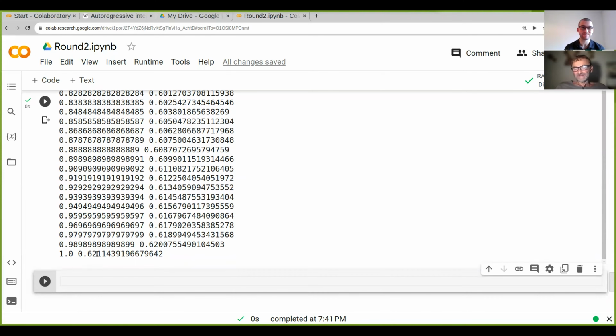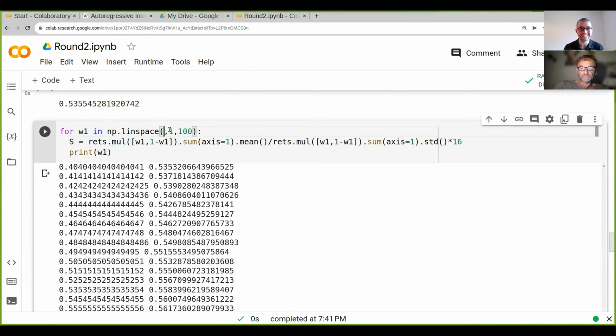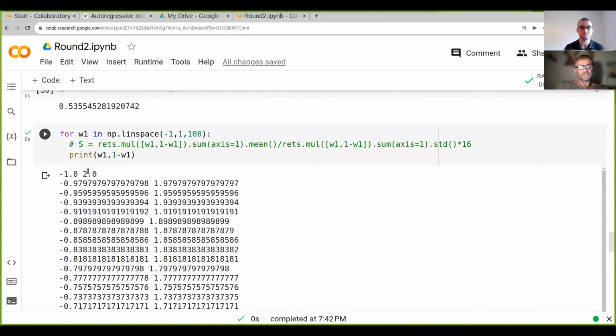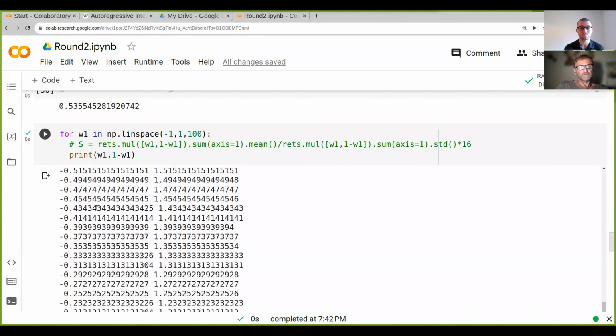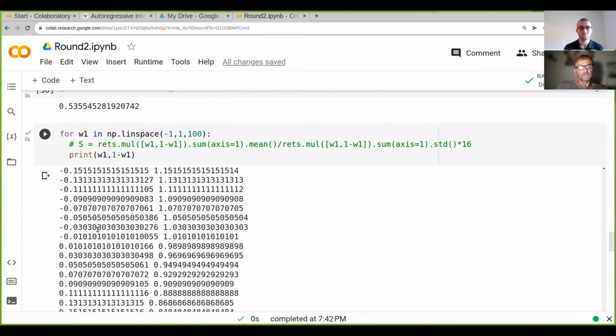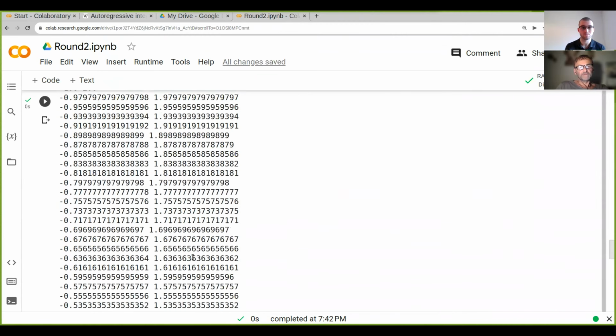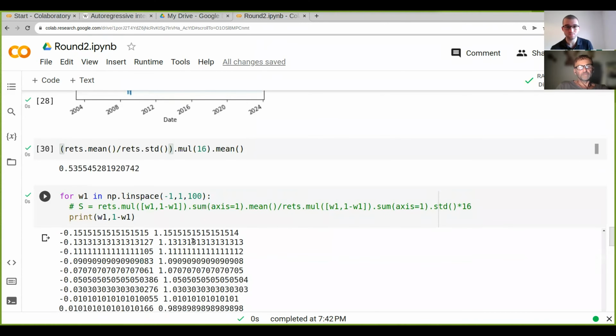And that's just how it is. But we could obviously try to go into negative weights as well. So we could go from -1 to 1. So we could run this. And you see here, what happens is now we go from -1 to 1, but in the other one, we go from 2 to 0.